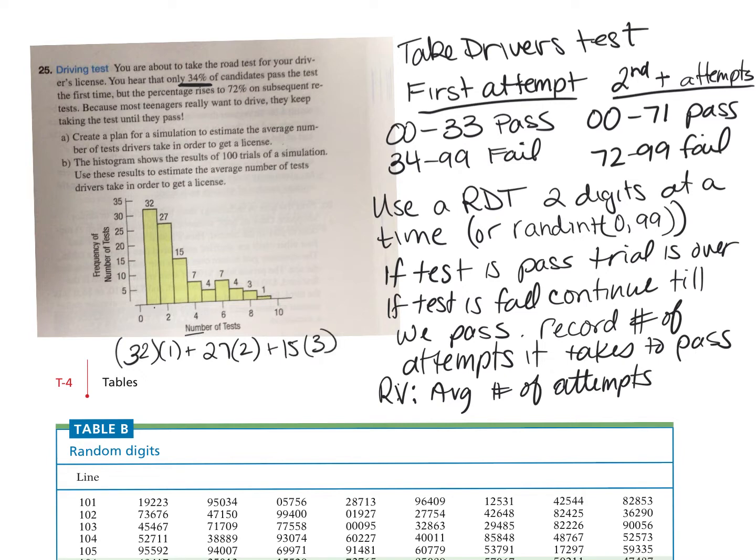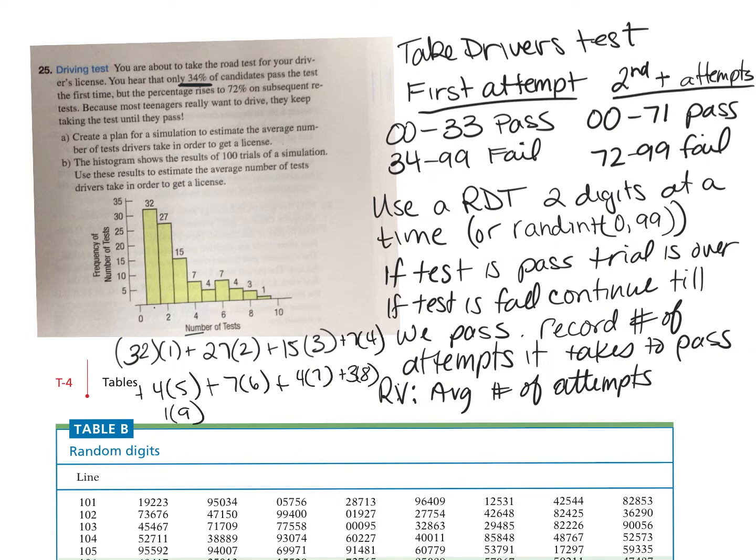Because that means you have in your data 32 ones and 27 twos and 15 threes and 7 fours. So 7 fours plus 4 fives plus 7 sixes plus 4 sevens, 3 eights, and 1 9. We can add that up and divide it by 100. Let's see what we get.